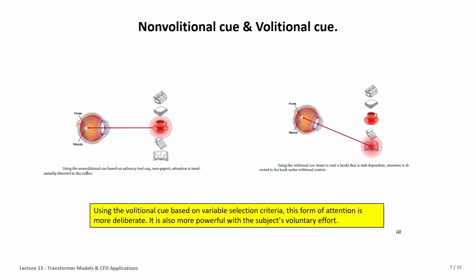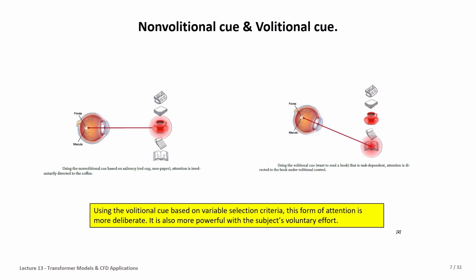Let's have an example to see how the non-volitional cue and volitional cue work. In the first example, on the right-hand side, we have five objects, which include paper, a notebook, and a cup of coffee.